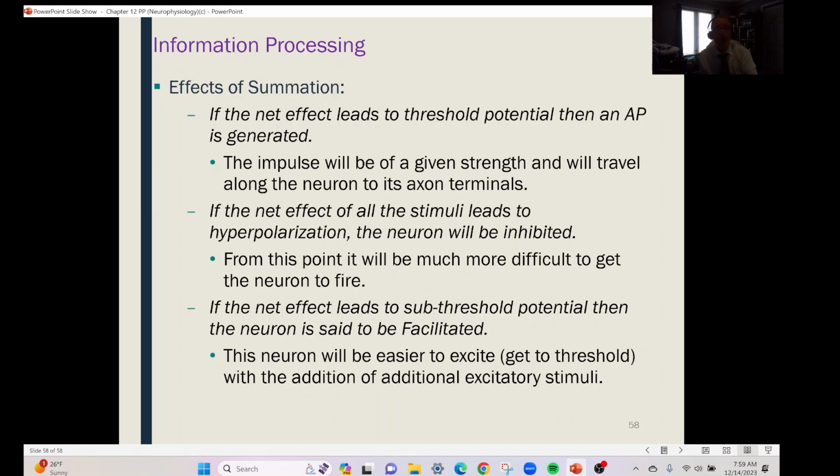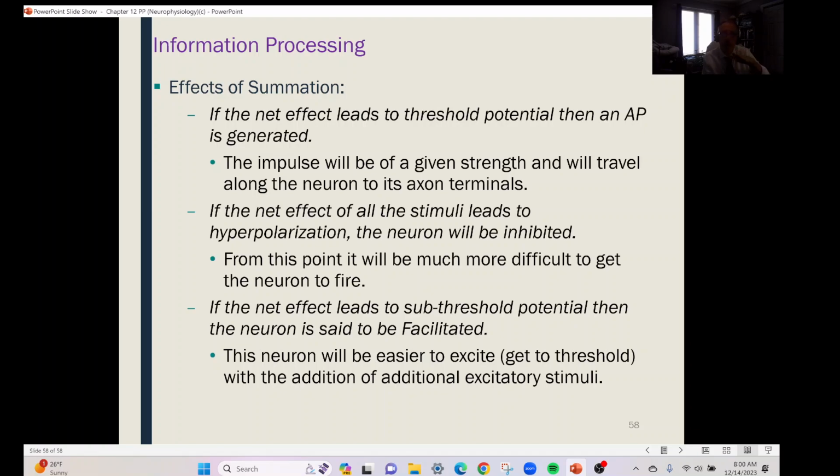If a neuron is in a facilitated state, it will be easier to get it to threshold, right? It'll be easier to excite, meaning get it to threshold where it can then fire. If there are no subsequent stimuli, then that facilitated state would go away, and it would just go back to being RMP.